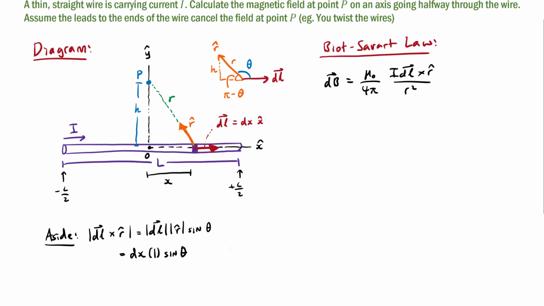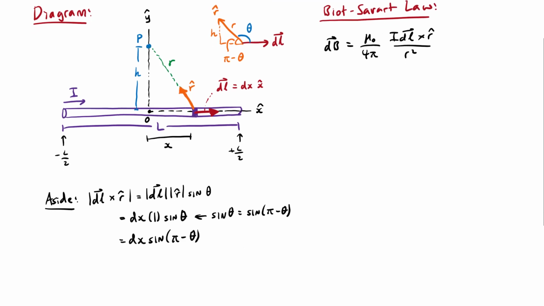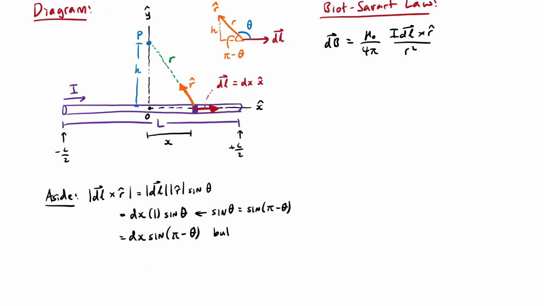But there is another way of writing sine of theta, and that is sine of pi minus theta. So they're both equivalent, so that means I can rewrite this as dx sine of pi minus theta. But I know that sine of pi minus theta is then going to be, from this diagram, sine is opposite over hypotenuse, so this is just h over r.